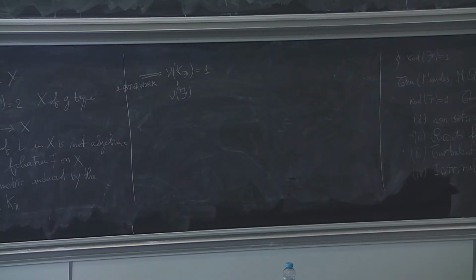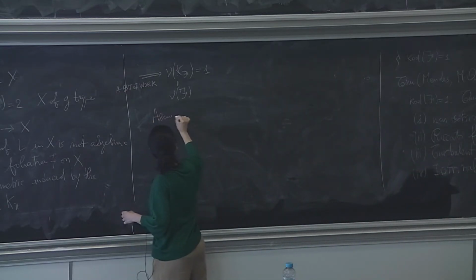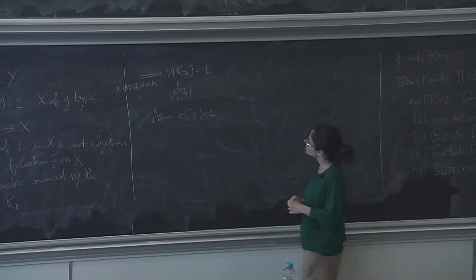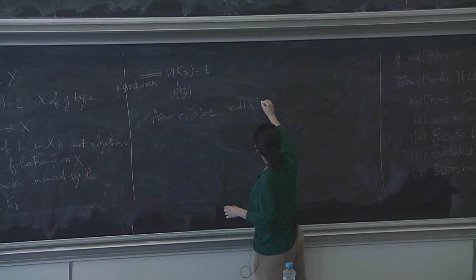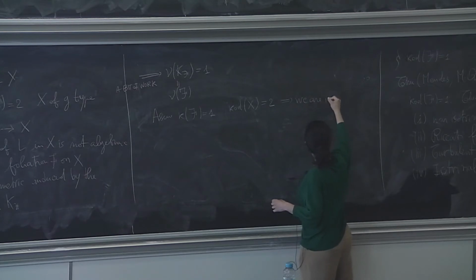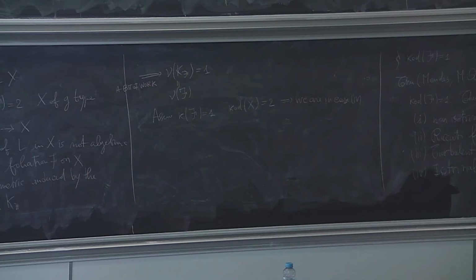So in all the results of the classification, all the varieties involved in these first three cases have Kodaira dimension at most 1. Okay, so let's assume that the Kodaira dimension is 1. Then since our variety is of general type, we are in case 4. But in case 4, the leaves are algebraic.